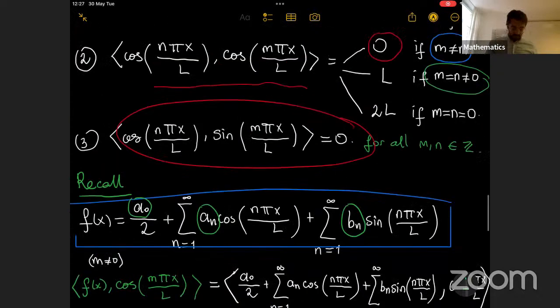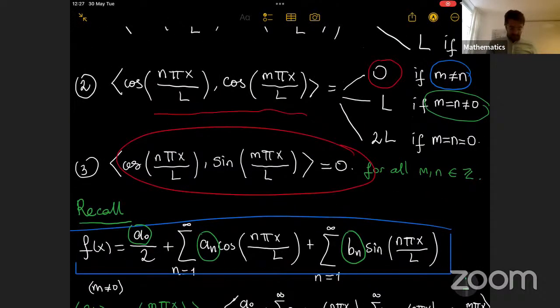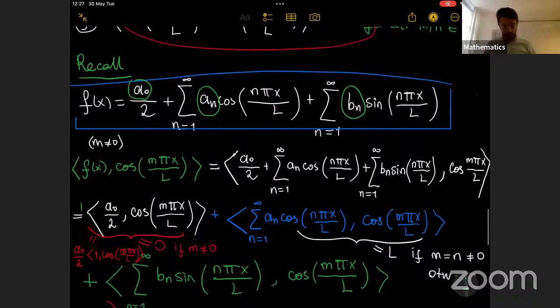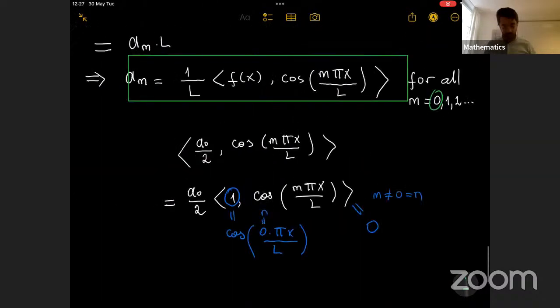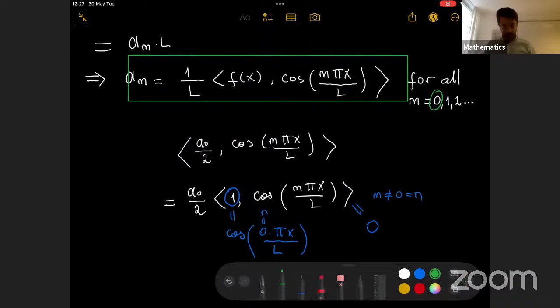Now let's find the other coefficient, of the sine function, bn. I will not do the same calculations, but it's quite similar. So I will just write the formula here.